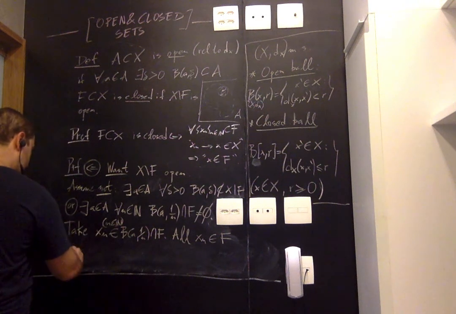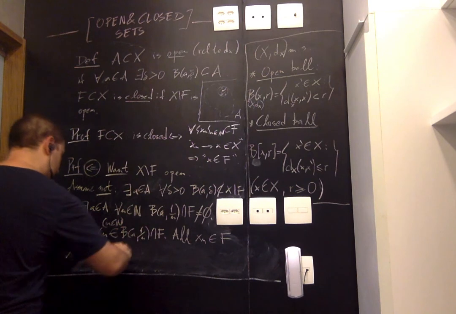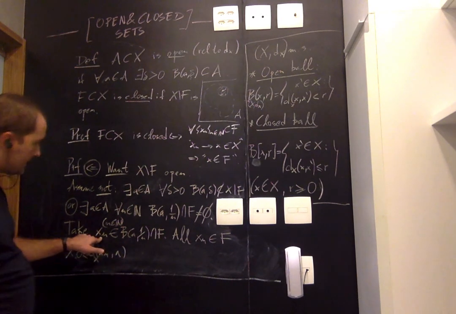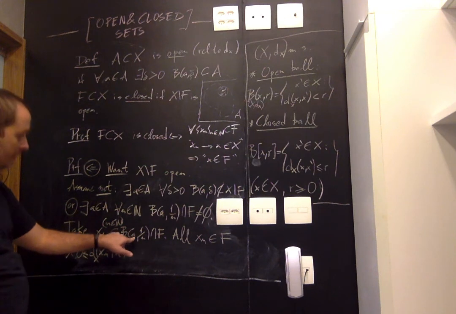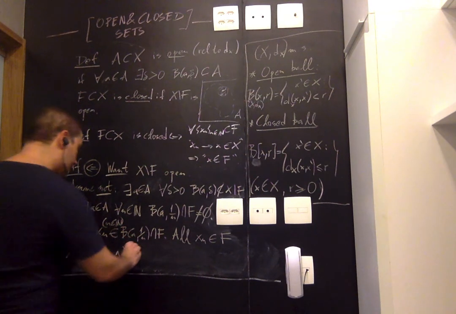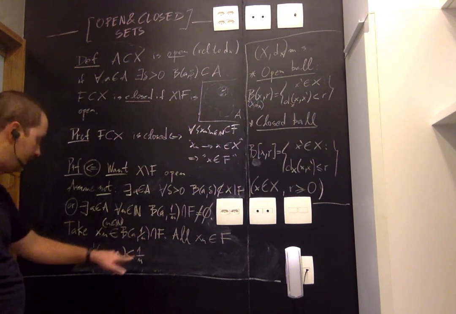And we can see that the distance between x sub n and A is greater than or equal to 0. And look, if x sub n is in a ball around A, the distance between x sub n and A cannot be larger than the radius of the ball. Actually, it has to be smaller because this is an open ball, right?